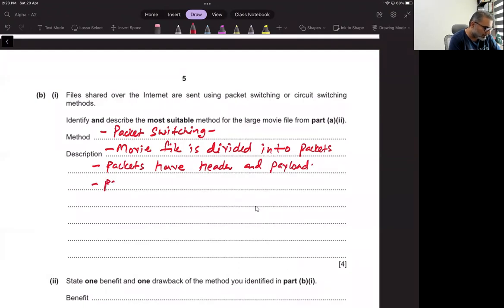Each packet is independently moved over networks.